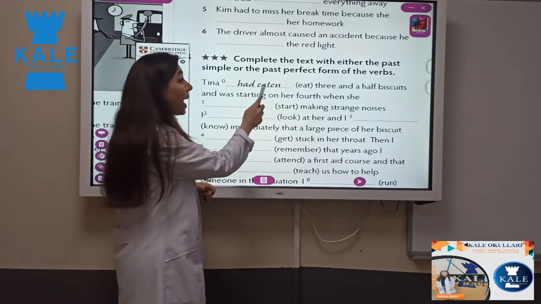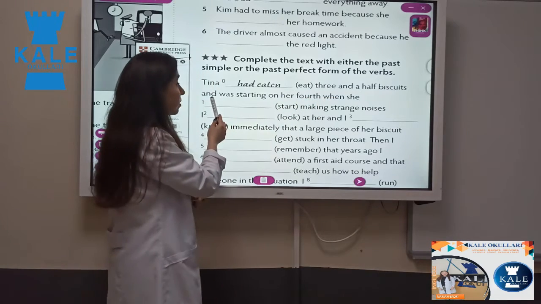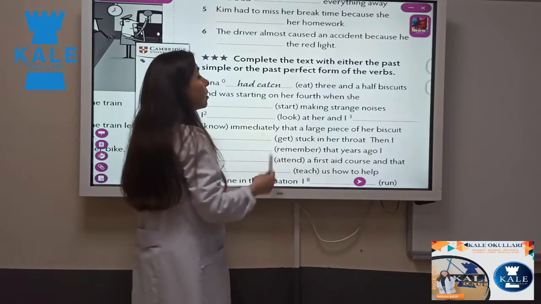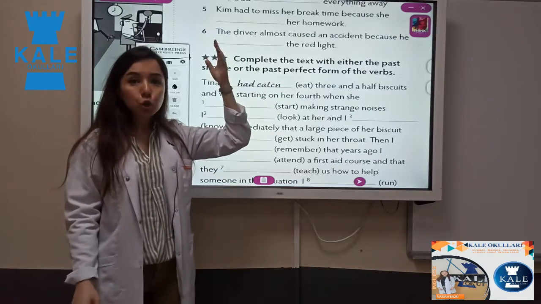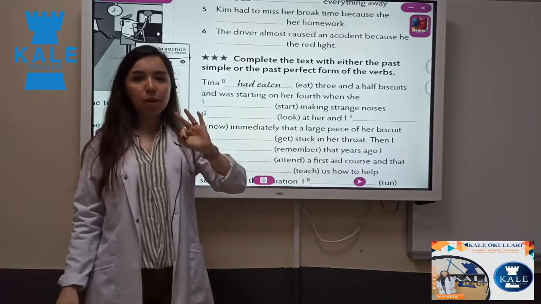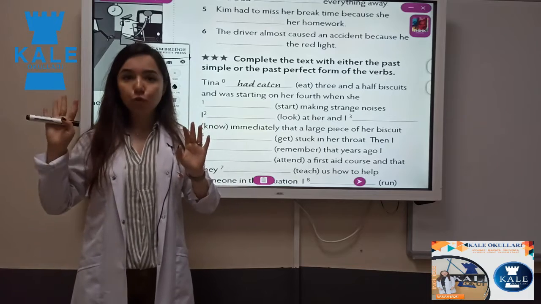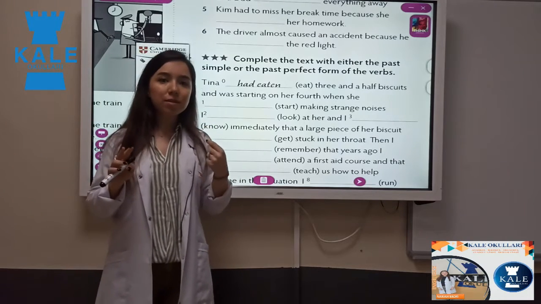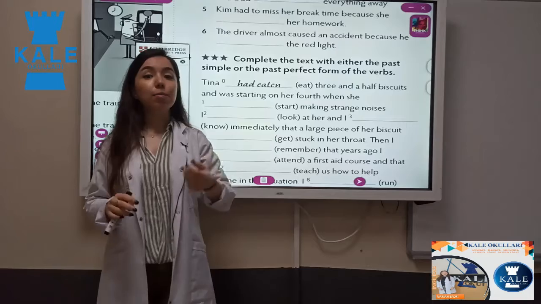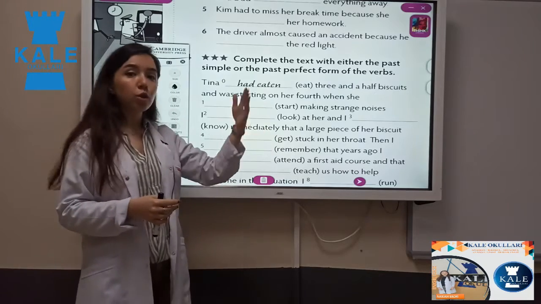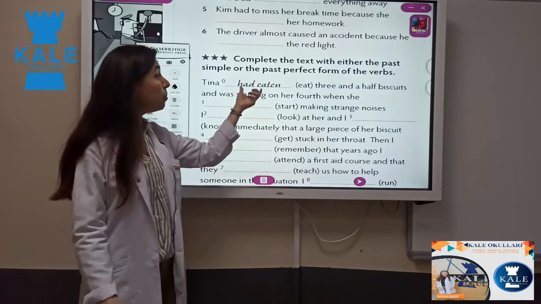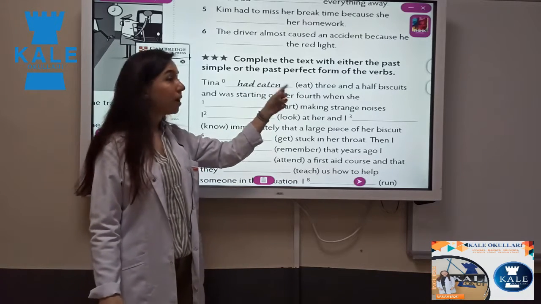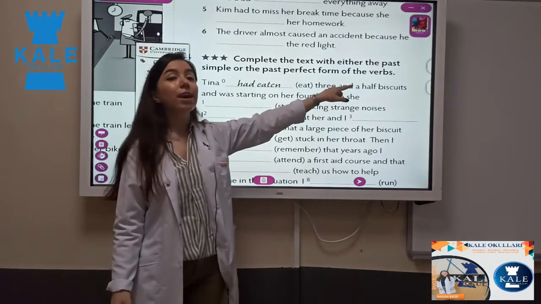Because, look at here, had eaten 3½ biscuits and was starting on her 4th. What happened? First, Tina had eaten 3 biscuits, then she was going to start the 4th. When you want to eat biscuits, when you want to eat cake, for example, first you are going to eat 1, 2, 3, then 4. It's something normal. So, before starting the 4th one, Tina had eaten 3½ biscuits.